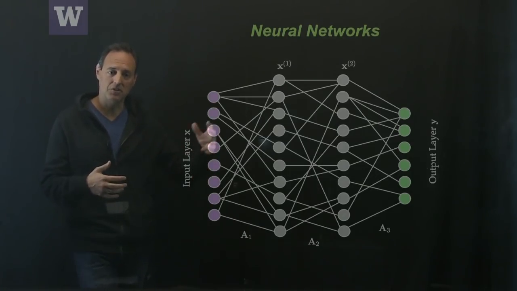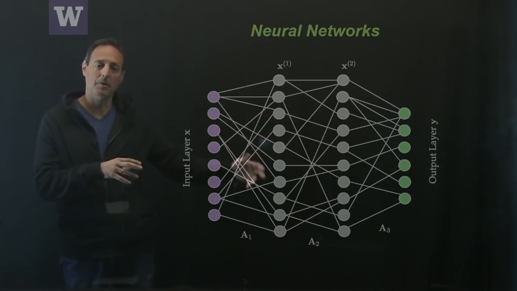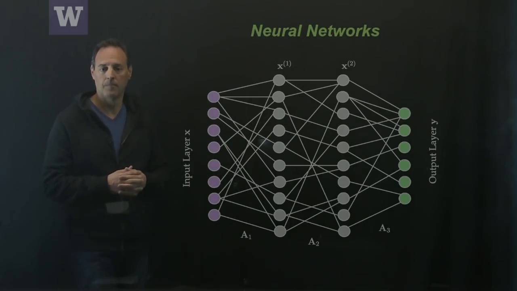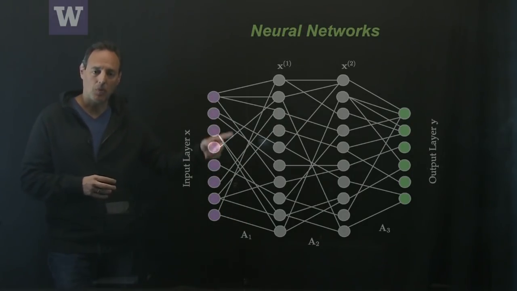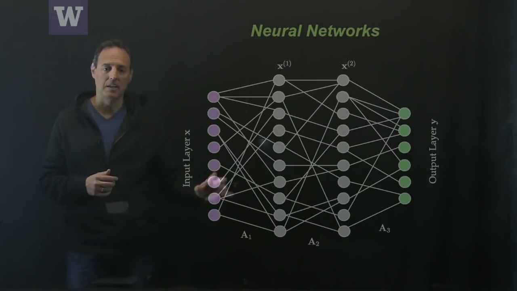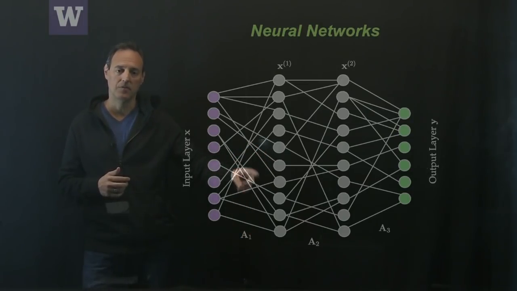Now the network itself can have many layers to it. For instance, here I've shown you an input and output with two hidden layers, and some connectivity between them. The connectivity between them, or the weights between nodes, is given from the input layer to layer 1 as A1. That defines all of these weights here.